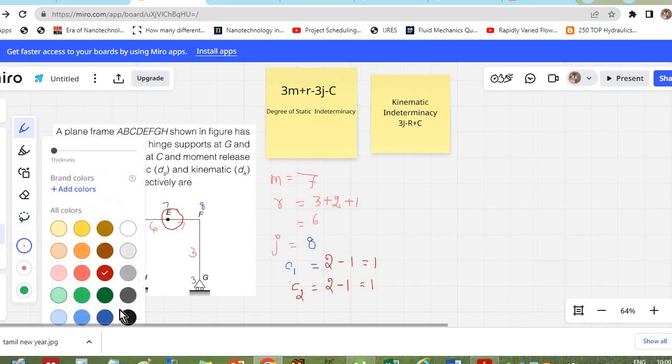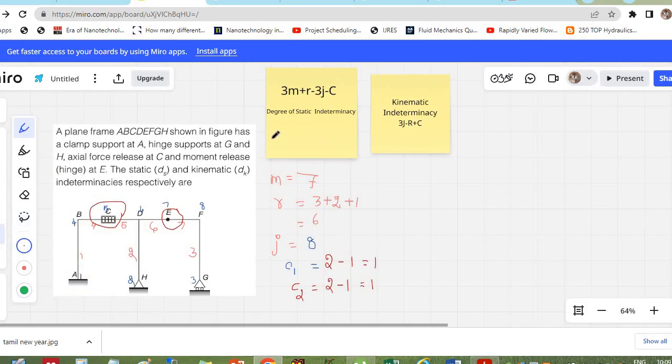Now the degree of static indeterminacy. The formula for static indeterminacy is 3m plus r minus 3j minus c1 minus c2, equal to 3 multiplied by 7 plus number of reactions 6 minus 3 into j, which is 8, minus c1 which is 1, minus c2 which is 1.